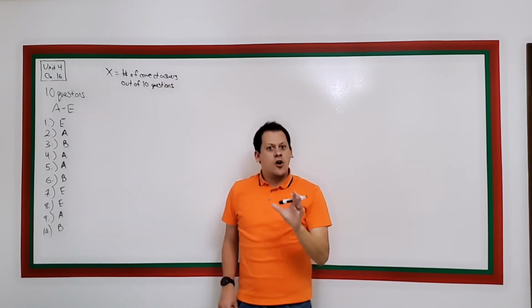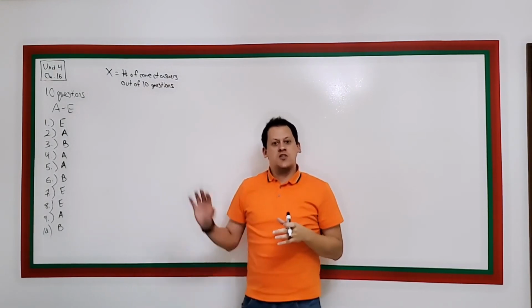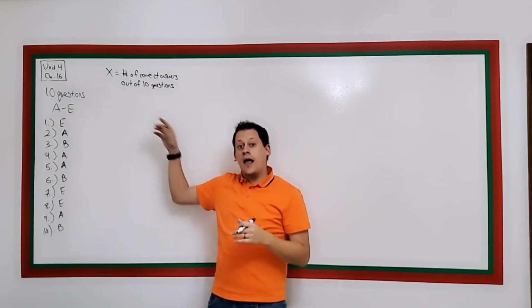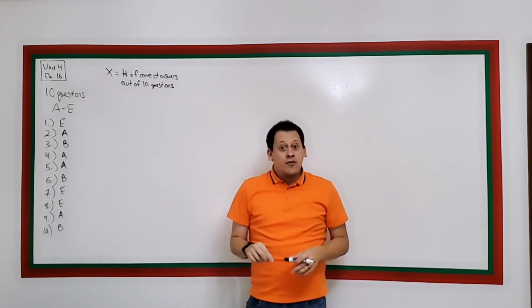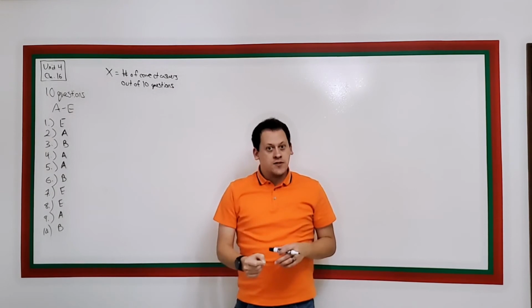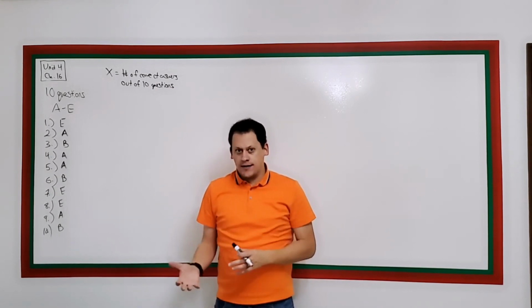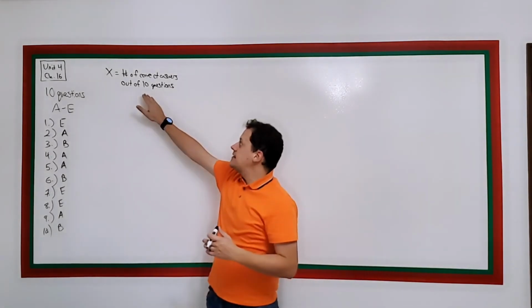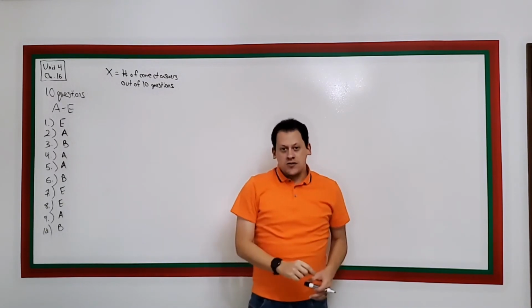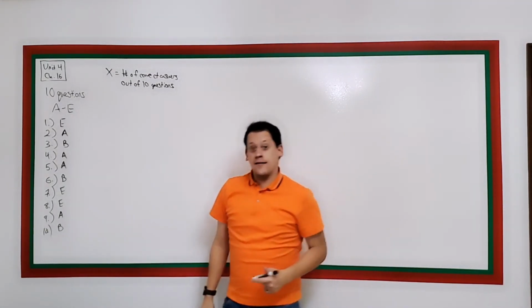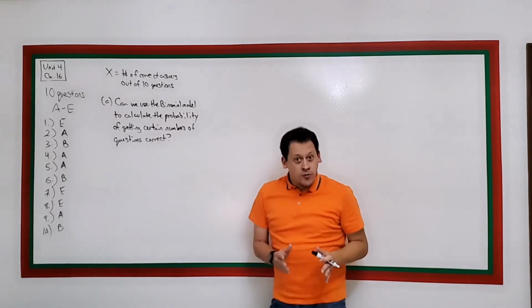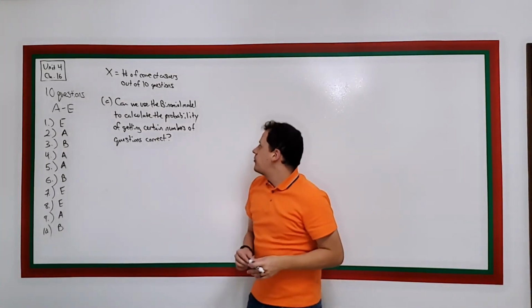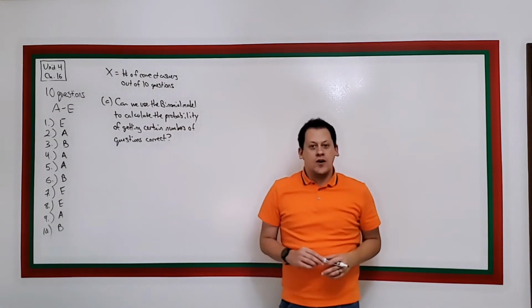Okay, so you might already be able to see some similarities between this random variable and the one from the last example with the cereal boxes. That random variable was the number of hallops in 5 boxes. This is the number of correct answers out of 10 questions. Part A. It says, can we use the binomial model to calculate the probability of getting certain numbers of questions correct?